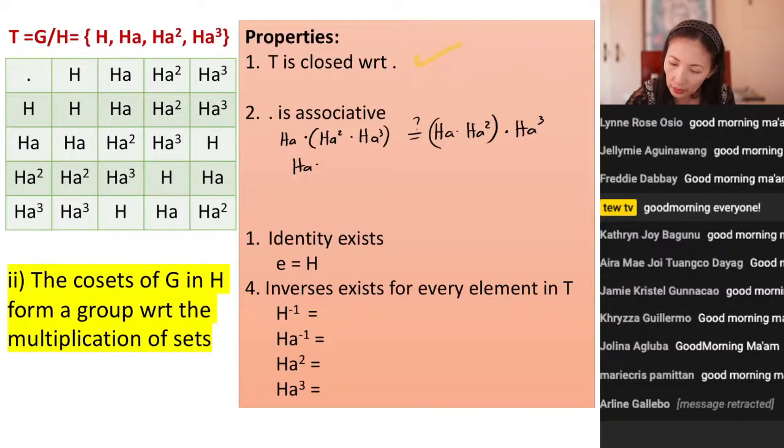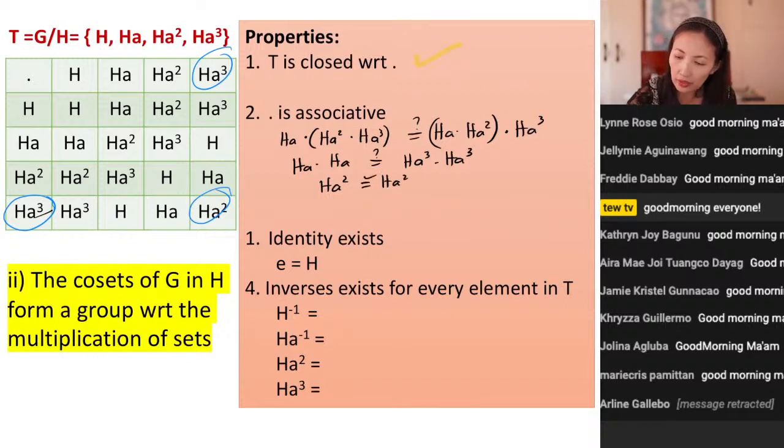HA squared times HA cubed is HA. So HA, is it equal to this? HA times HA squared, HA cubed times HA cubed. HA times HA, look at your table, is HA squared. So HA squared, is it equal to this? HA cubed times HA cubed is HA squared. So they are the same, HA squared. So, is it associative? Yes.